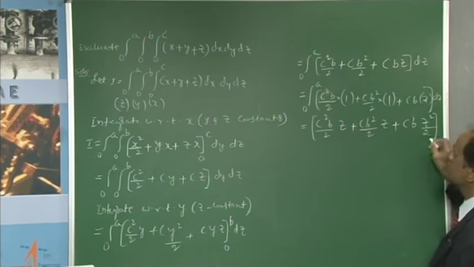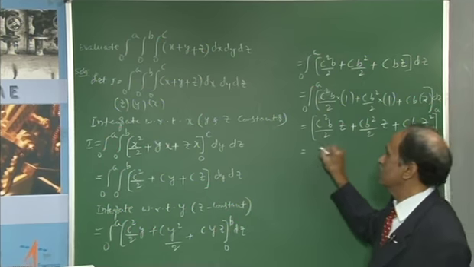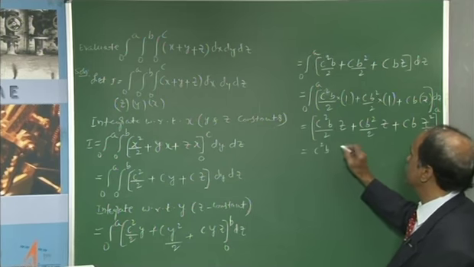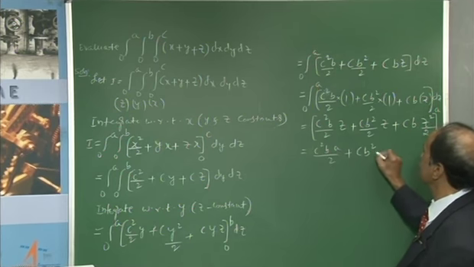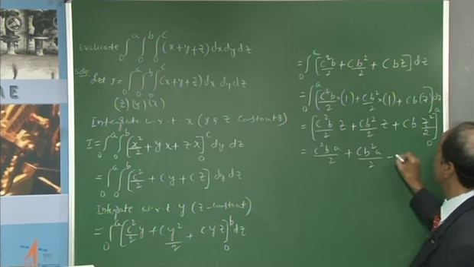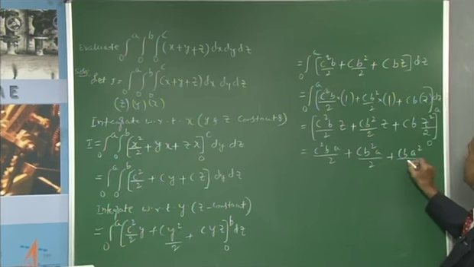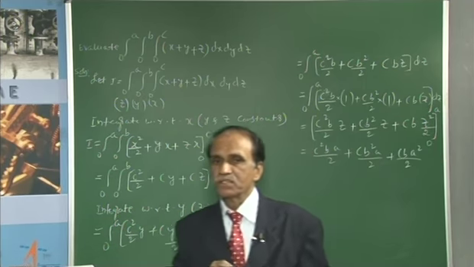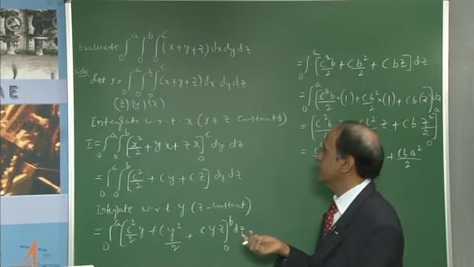Now the limits which are given for z as 0 to a, you will introduce these limits: c square b into a by 2, plus c into b square a by 2, plus c into b a square divided by 2. This is the end of it, and the lower limit for all the 3 variables we have to replace as 0. That means no term will exist when you replace z by 0.